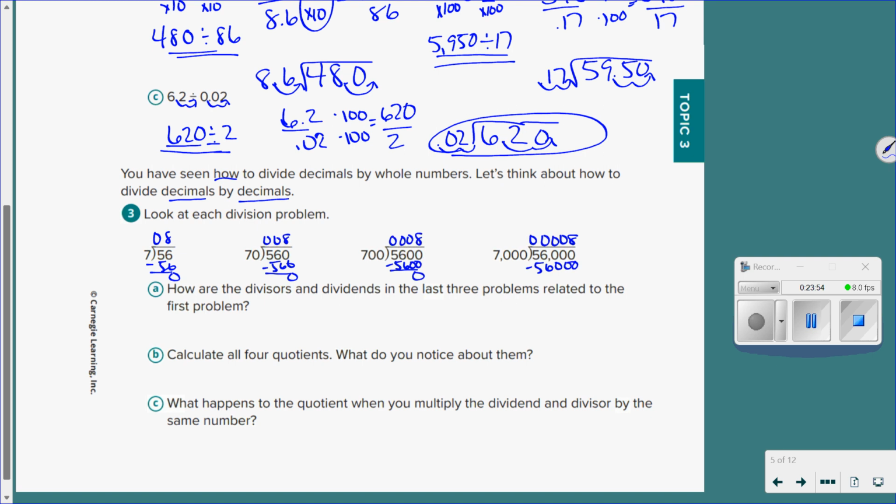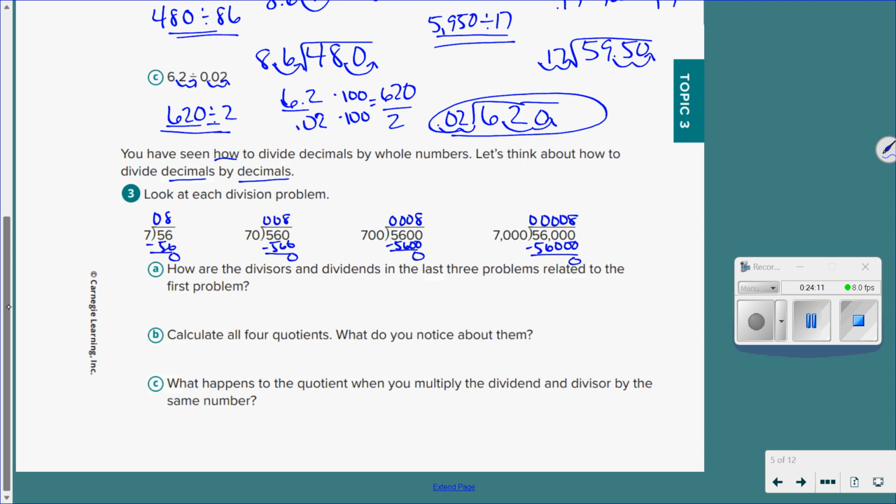Do we see patterns? Yes. What pattern do you see? Every single time they're multiplied by 8. Well, they're divided by 8 every single time because 7 can go into 56.